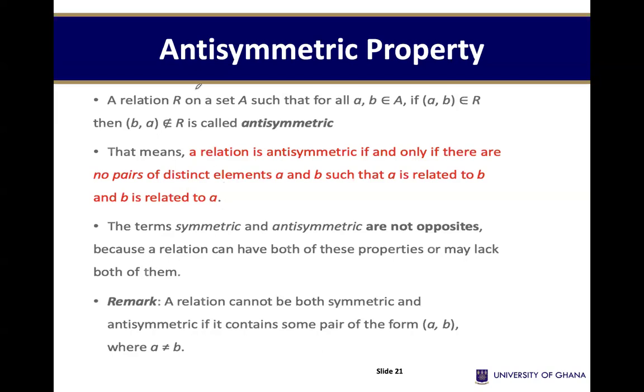That's why I say that a relation R on a set A is antisymmetric if for all A and B belonging to A, if A and B are related, then B and A should not be related. That means a relation is antisymmetric if and only if there are no pairs of distinct elements where A is related to B, but B is not related to A.